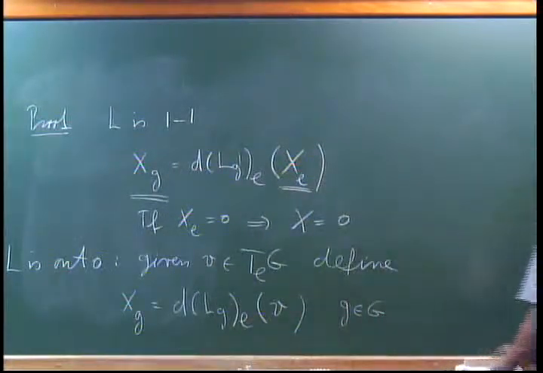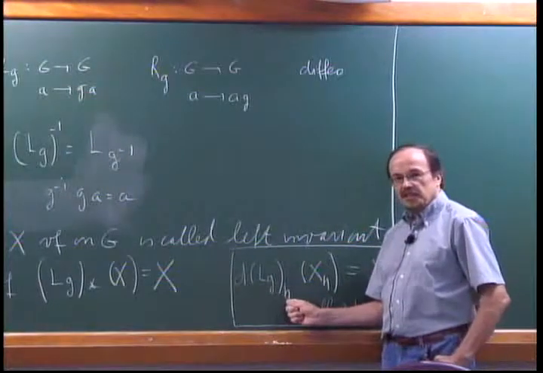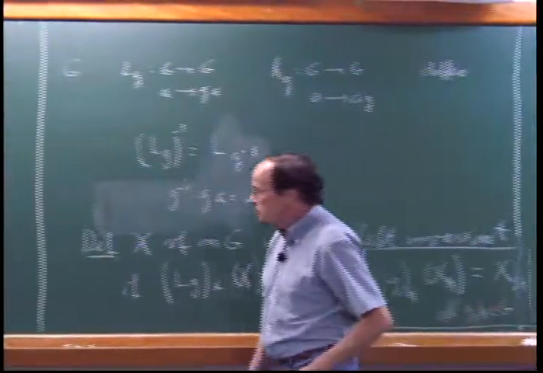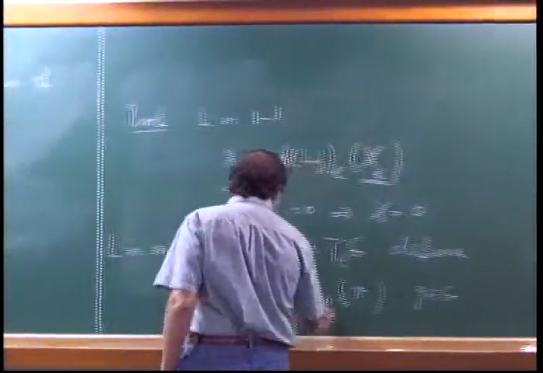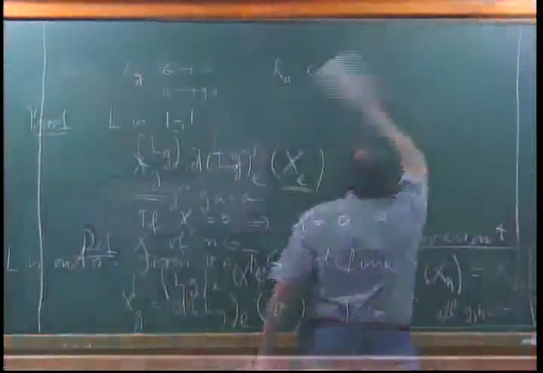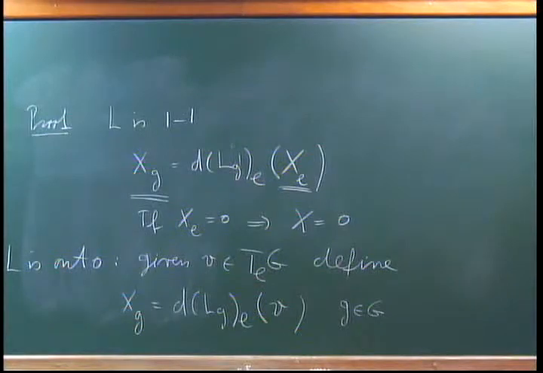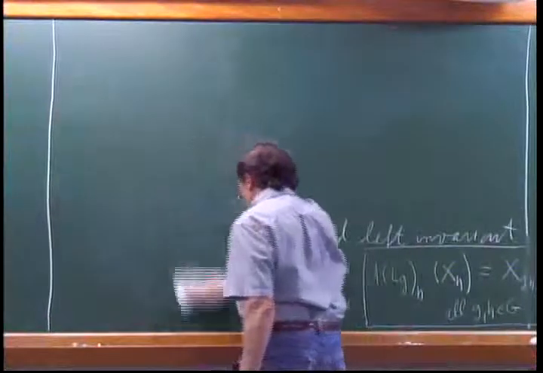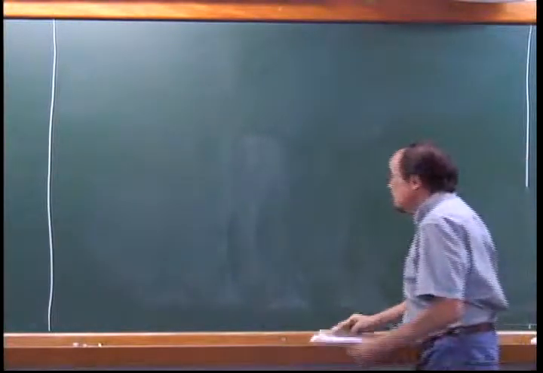And now I have to verify two things. First, that this equation is true for all G and H. By definition, it's true for H equal to identity, so now I want to check it for all G. That's the first part, and that's going to be easy. What's a little bit trickier is that you have to show it's smooth.